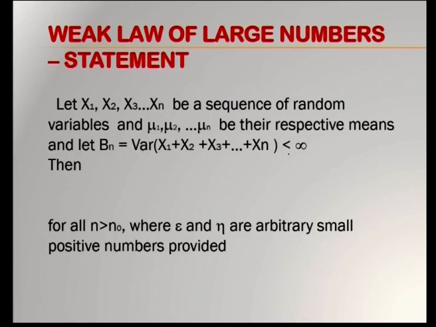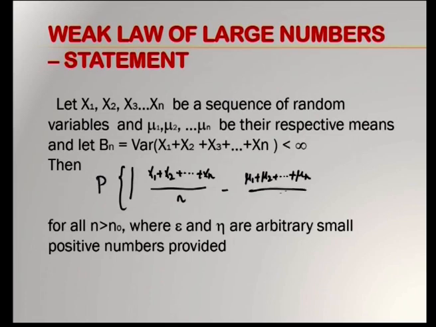If this is convergent, then P of modulus of x1 plus x2 plus etc. plus xn divided by n minus mu1 plus mu2 plus etc. mu n by n less than epsilon is greater than or equal to 1 minus eta.